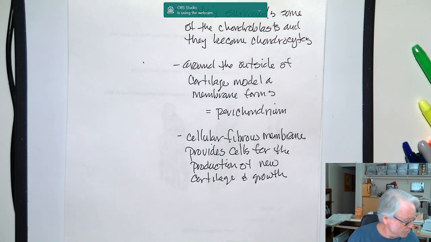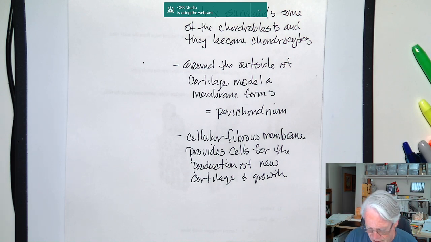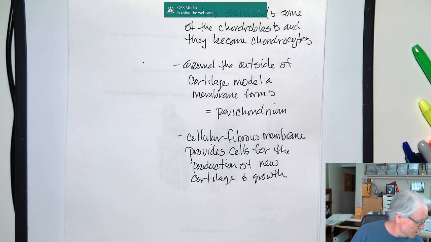So what we've done is we've started the process of building the model, and we're surrounding the cartilage with a layer, a perichondrium, and that perichondrium then will be the source of new chondroblasts, which will lay down more matrix.